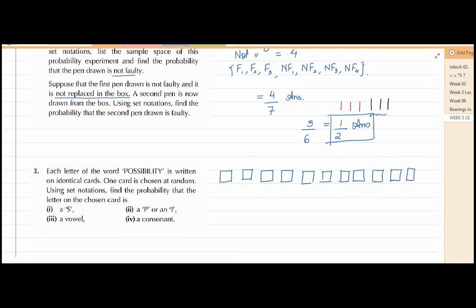So let me write the word possibility: P O S S I B I L I T Y. That is the word possibility.